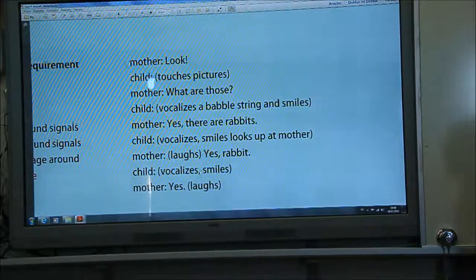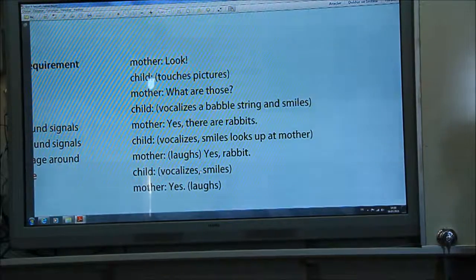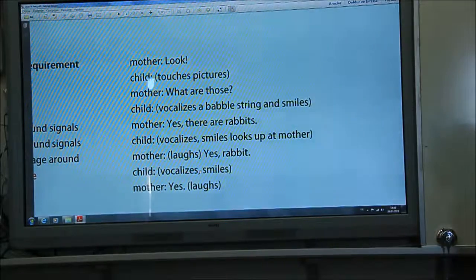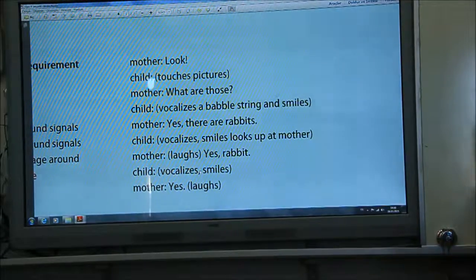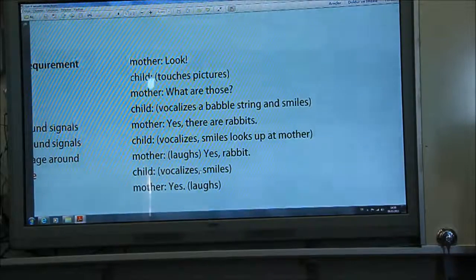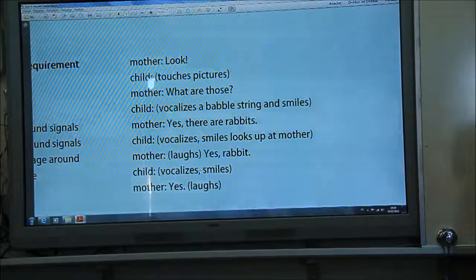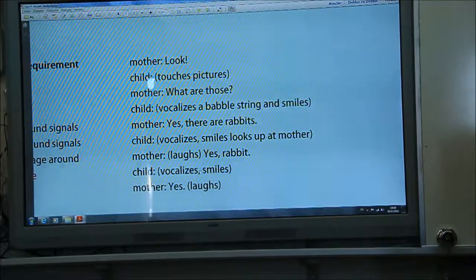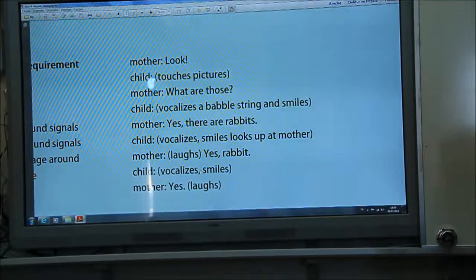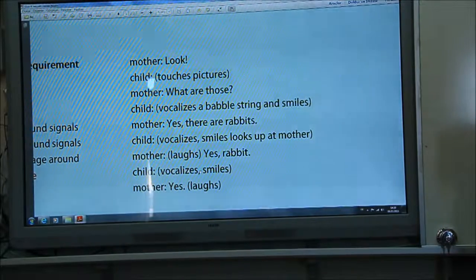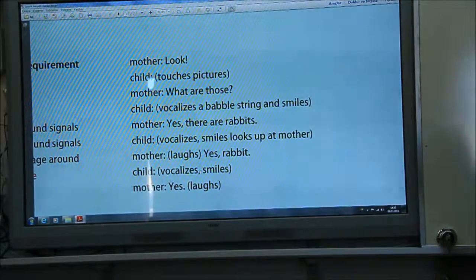And mother says again, what are those? Asking a question, maybe with exaggerated intonation. And the child vocalizes, babbles, cooing and smiles. Doesn't say anything, just babbling and cooing. Mother says, yes, there are rabbits.